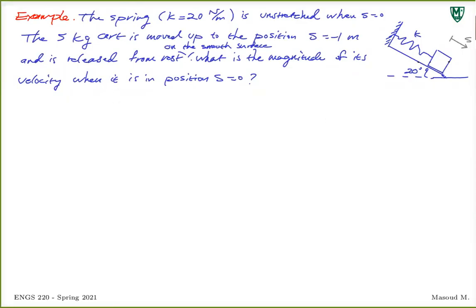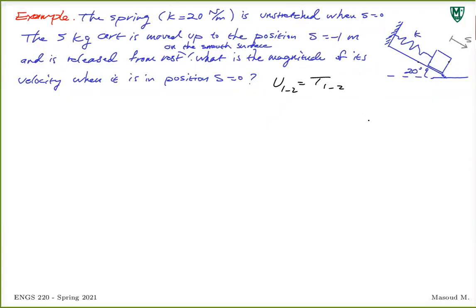All right, so starting with the general equation, we had U from 1 to 2, the work done on the system from 1 to 2, equal to T from 1 to 2, the change in kinetic energy from point 1 to point 2. Now, point 1, let me draw this.